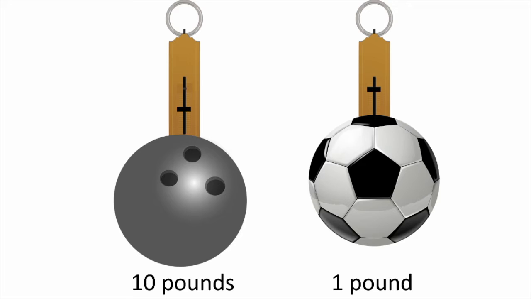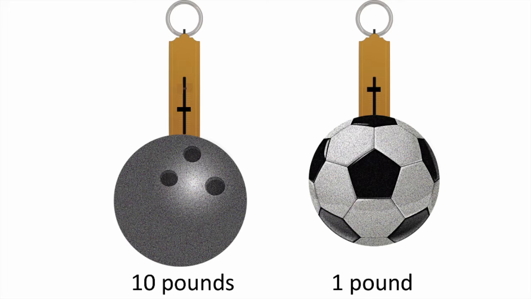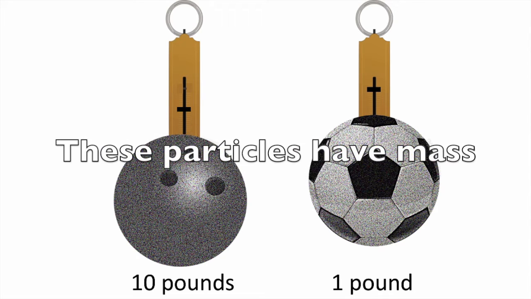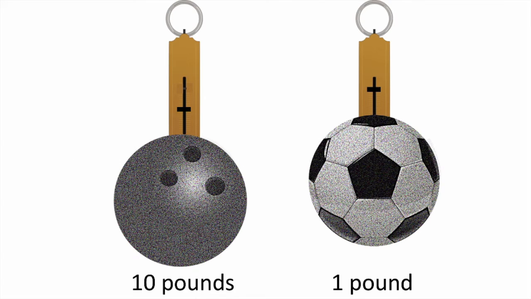Soccer balls and bowling balls, they're not filled with marshmallows, but if you were to take them and break them down, and break them down again, you would find that they're both made of very tiny particles. And these particles have mass. And this bowling ball has more particles than the soccer ball, but in the same amount of space. It's like you've squished more matter into the bowling ball.